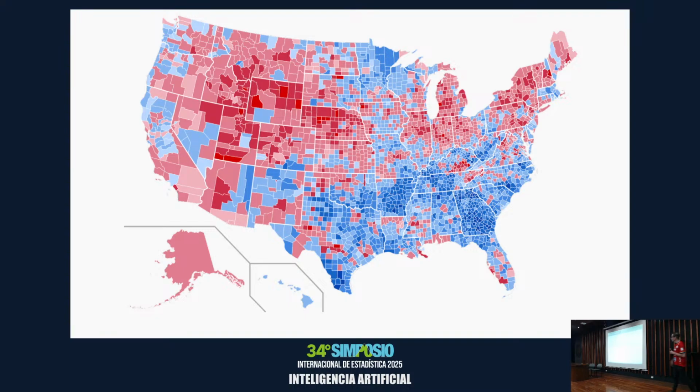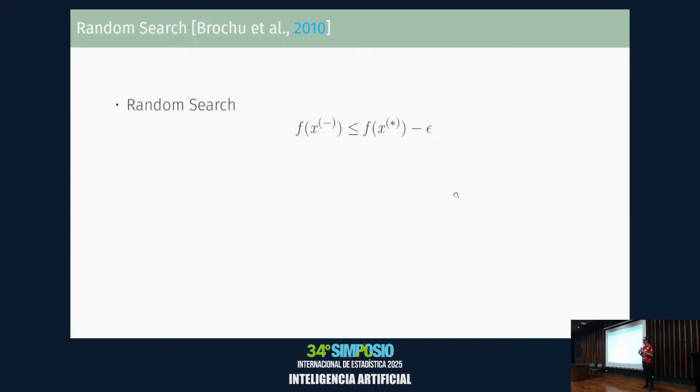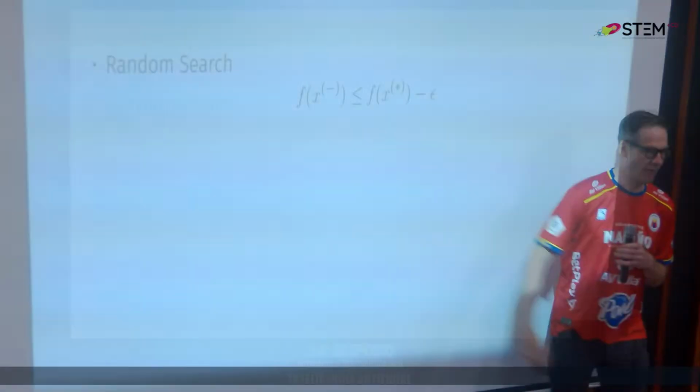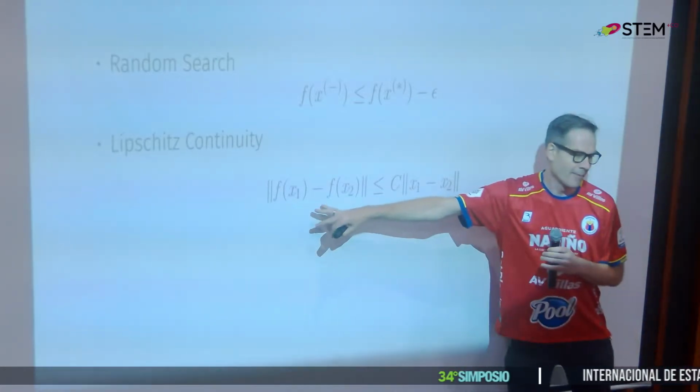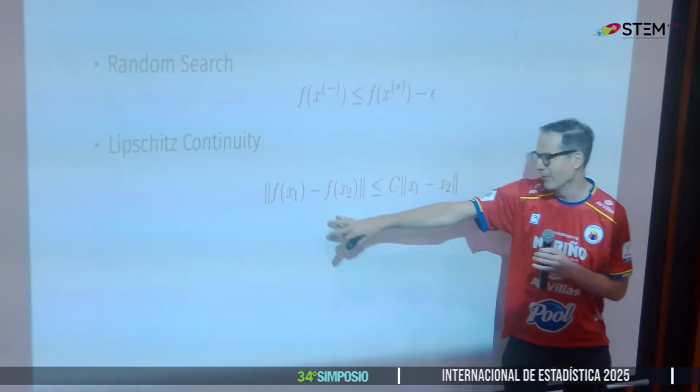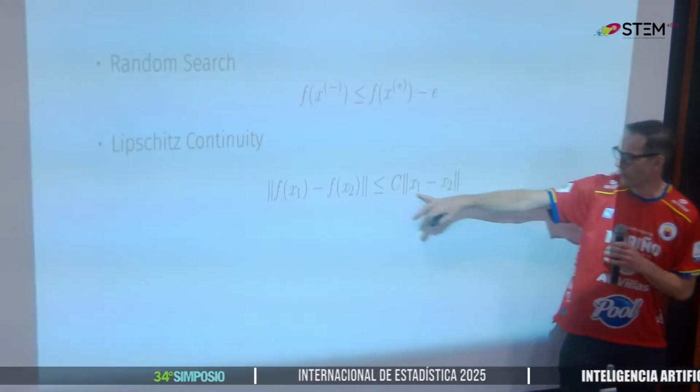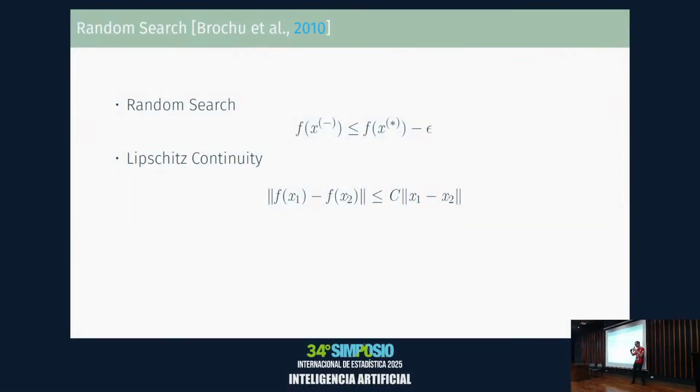So, what we need to beat will be a completely random search. Say that I'm happy if I find something up to epsilon as an error, right? And let's say I assume something about my function, otherwise we can't get any bound. So I assume some Lipschitz continuity, so basically saying how quickly the function roughly moves.